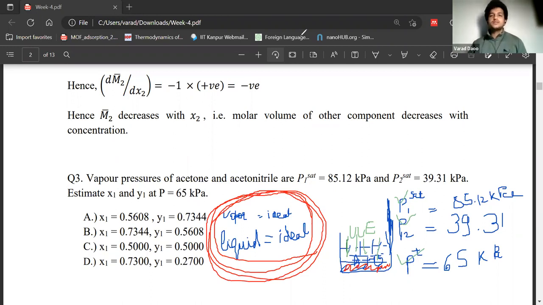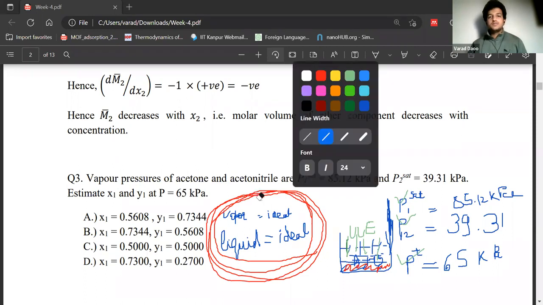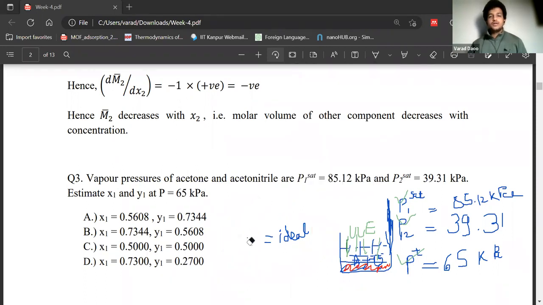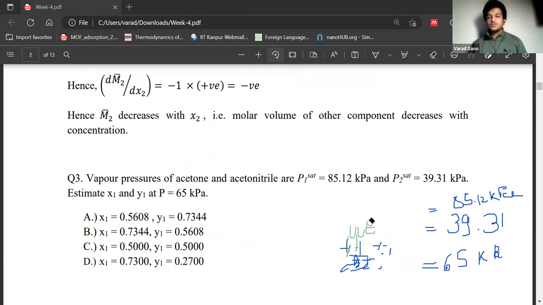Anybody got any answers? No? Then I will rub the board and start explaining the solution.